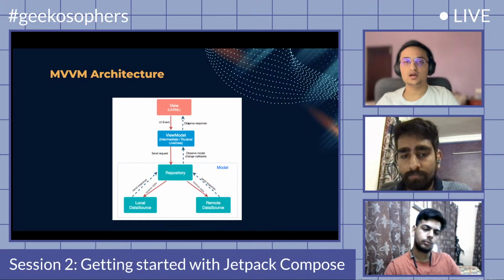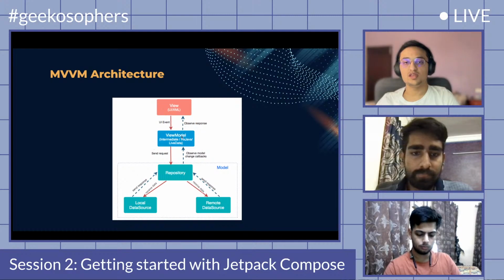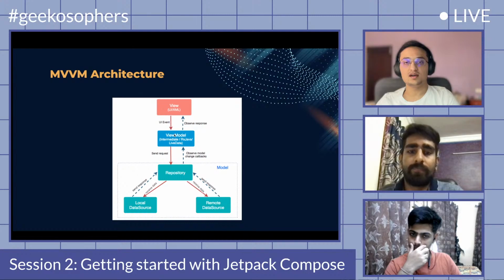Then we have the view layer. The view layer is nothing but the presentation and UI code. And then we have the view model, which is used to communicate between these two. As we can see from this diagram, any UI event is sent to the view model.